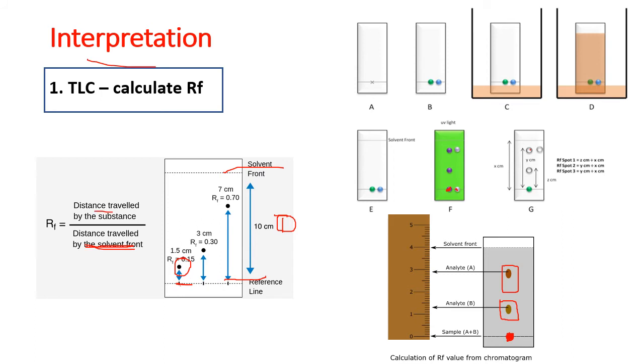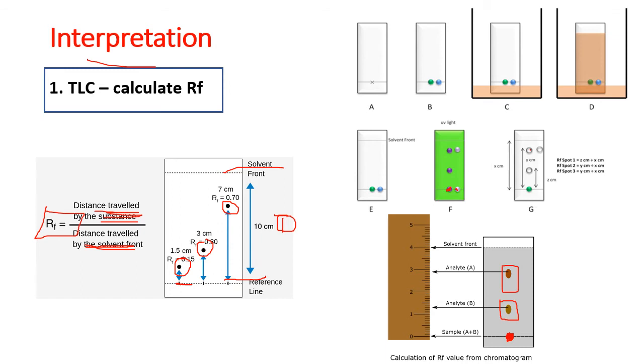So this would be the distance traveled by your substance, and this will be different for every spot. By taking the distance traveled by the spot over the total distance traveled by the solvent, then you get RF. So we have a different RF for every spot.